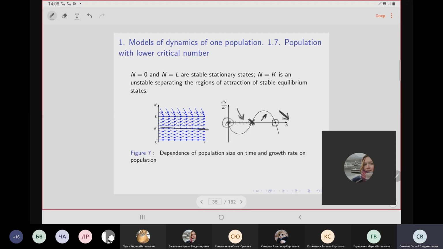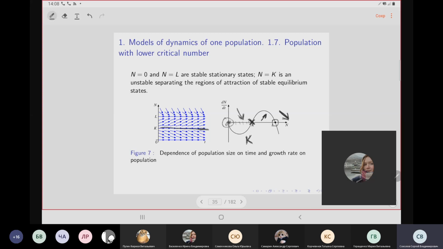This model is called the model with lower critical number, and K is the lower critical number for our population. We can see that it really happens in real life.